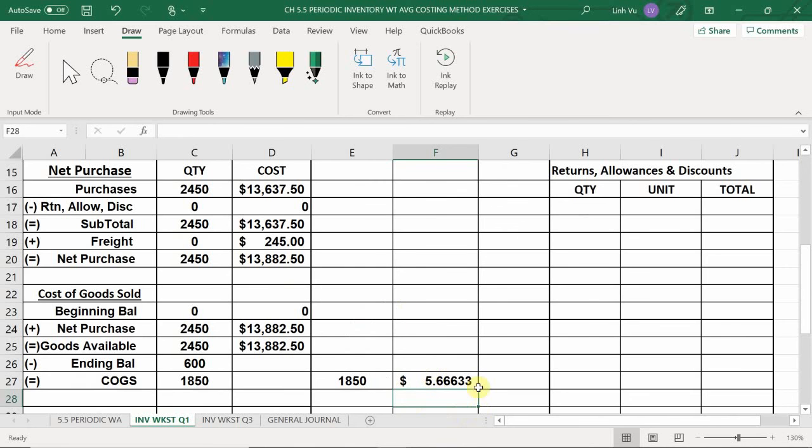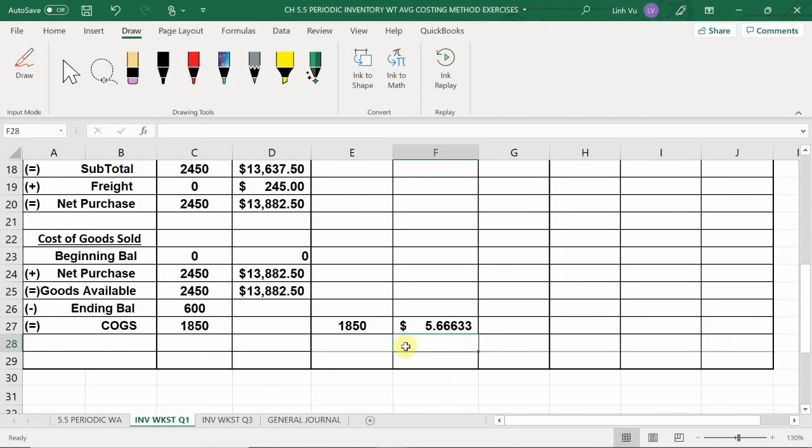Now in this case, I have 0.63 cents, which is almost nearly $1. If you choose to round now, let's say you round this to $5.67, you're going to notice this.